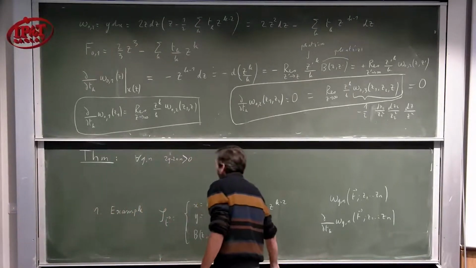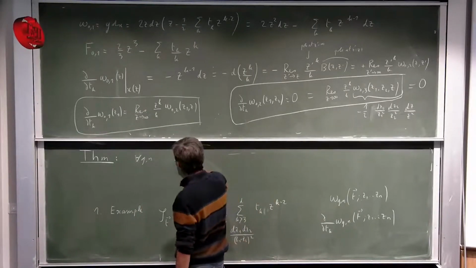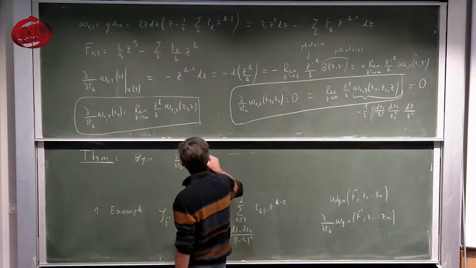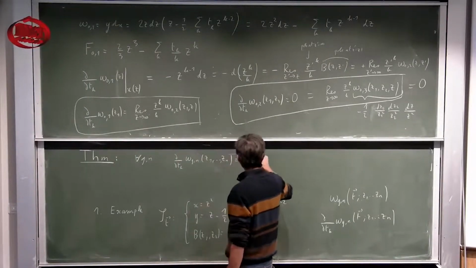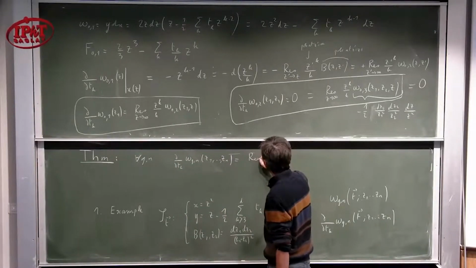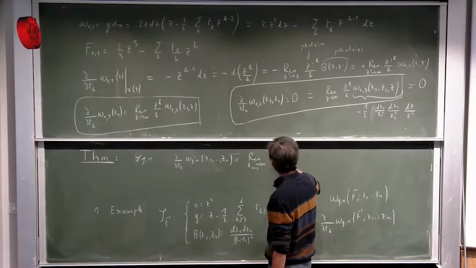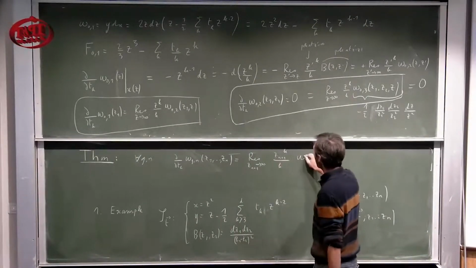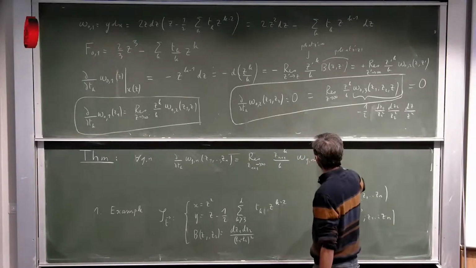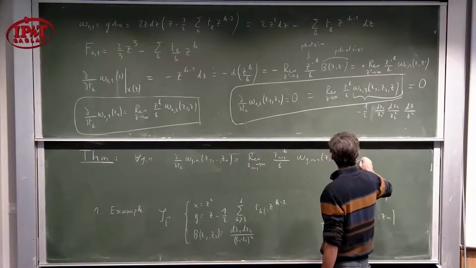No, in fact, sorry, it's true for every g, n. d over dt_k of omega g n of z1 to zn equals the residue when z_{n+1} goes to infinity of z_{n+1} to the k over k times omega g, n plus 1 of z1 to z_{n+1}.